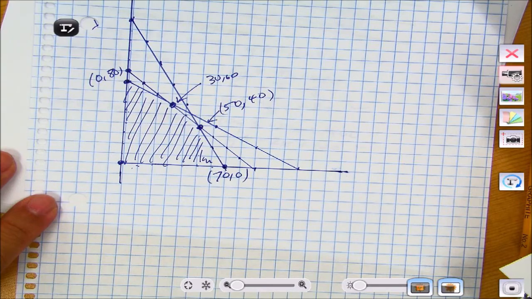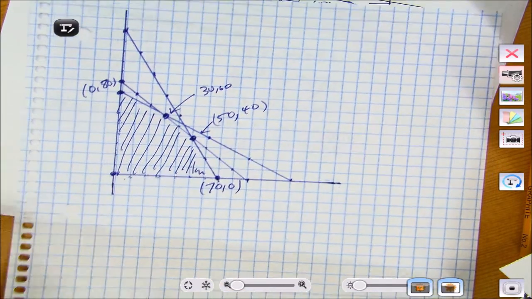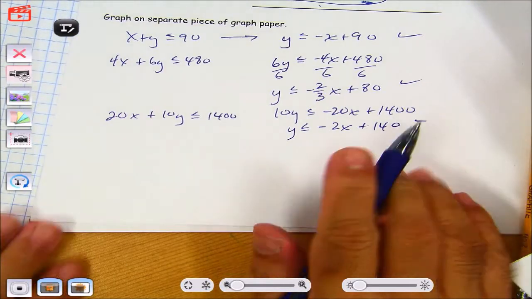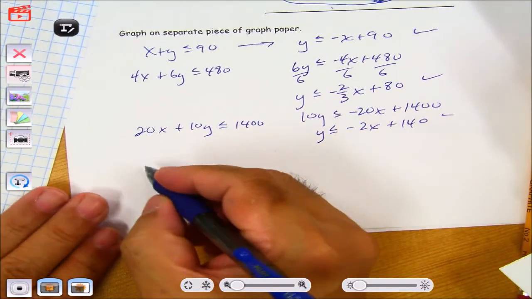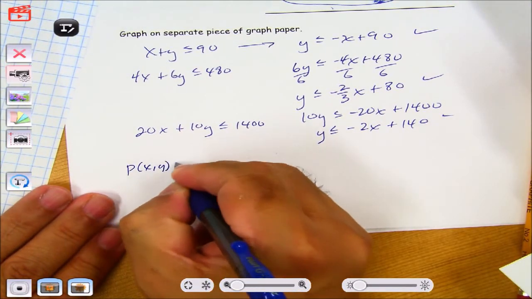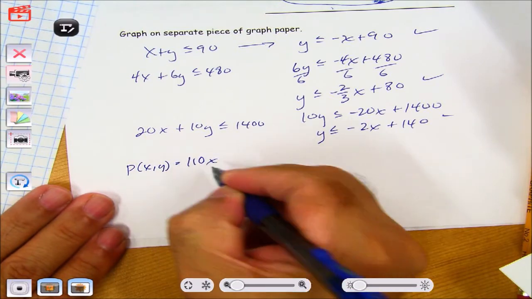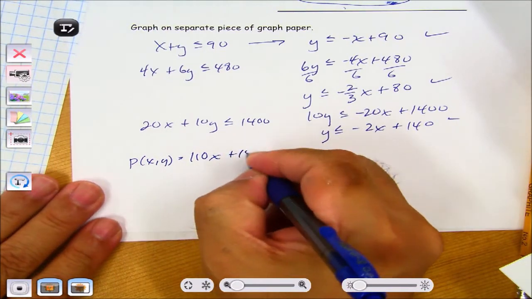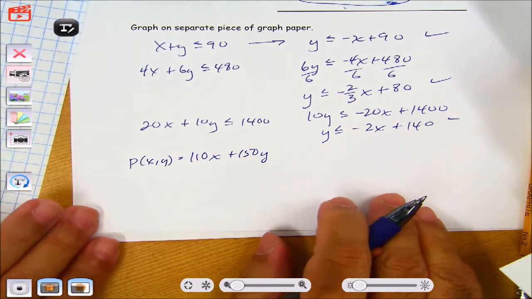So we take these ordered pairs and plug them in. My function was P of x, y, which is 110x plus 150y. Remember, that's our objective function.